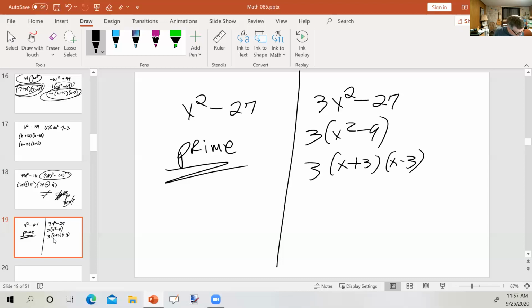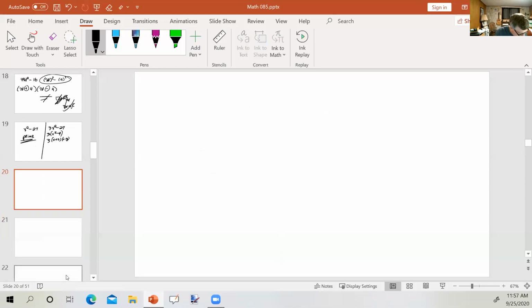Okay, let's see here. How about this one? 4x squared minus z to the 4th power. It's a binomial, right? It's got a subtraction sign in the middle, so it's the difference. Is 4x squared a square? Yes.